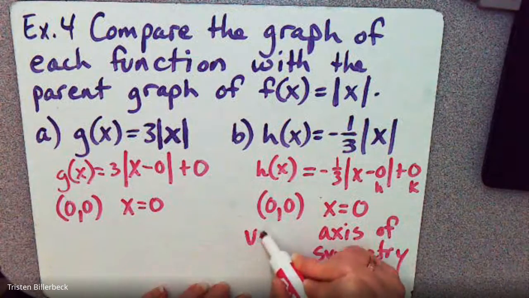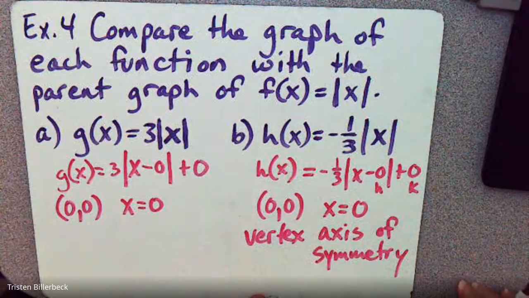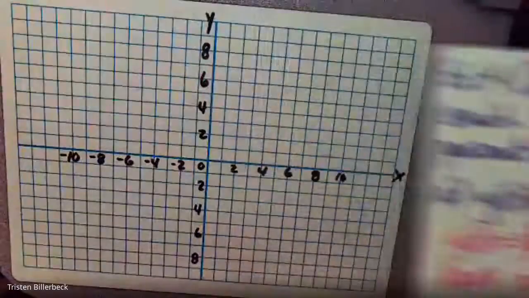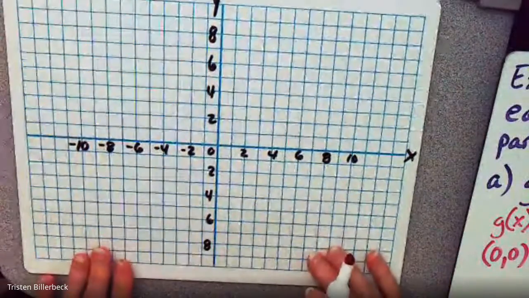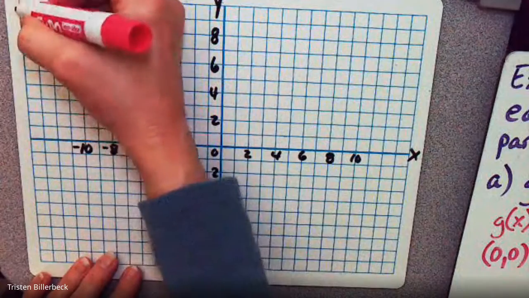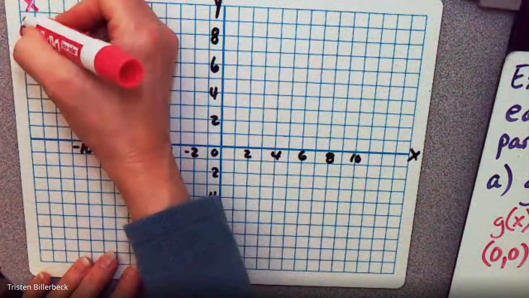And vertex. Okay, so let's go ahead and plot those. So these might take a little more work with charts. So let's do that. Okay, so for G of x, let's do a little chart of x and G of x.